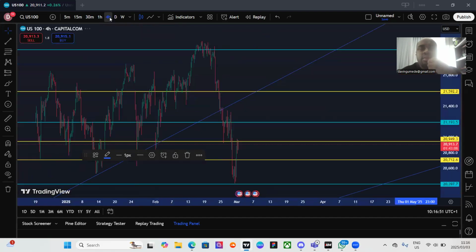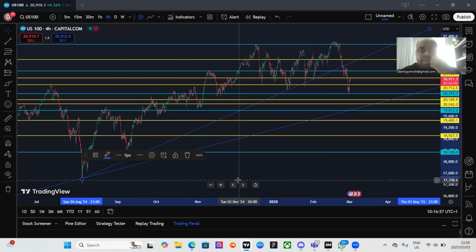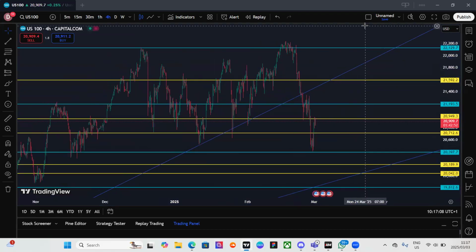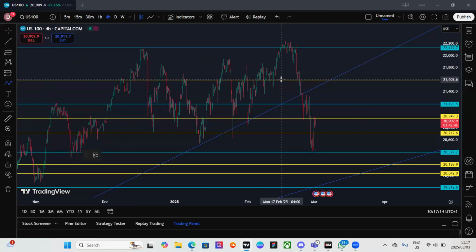So now when you zoom in onto the 4 hour, we are a little bearish within NASDAQ. We are seeing a little bit of market structure formulate.